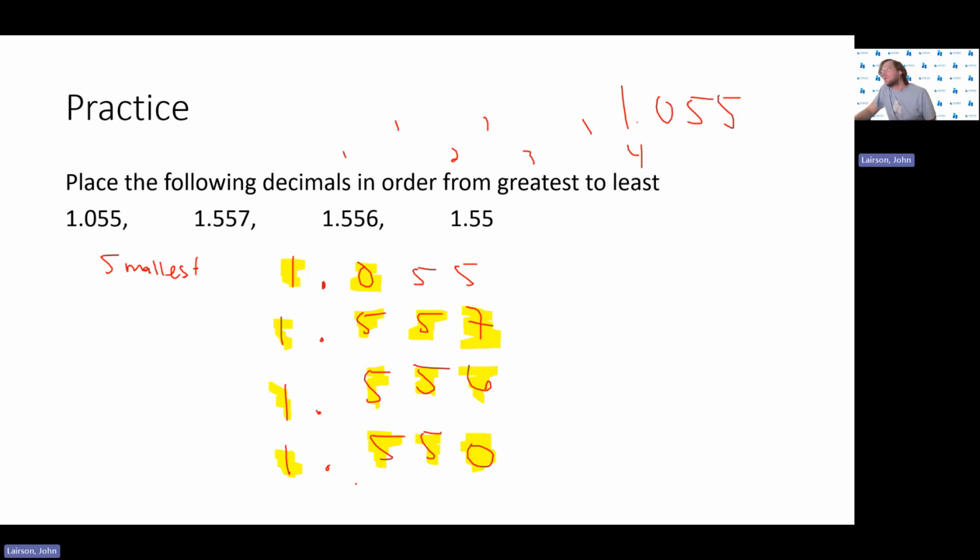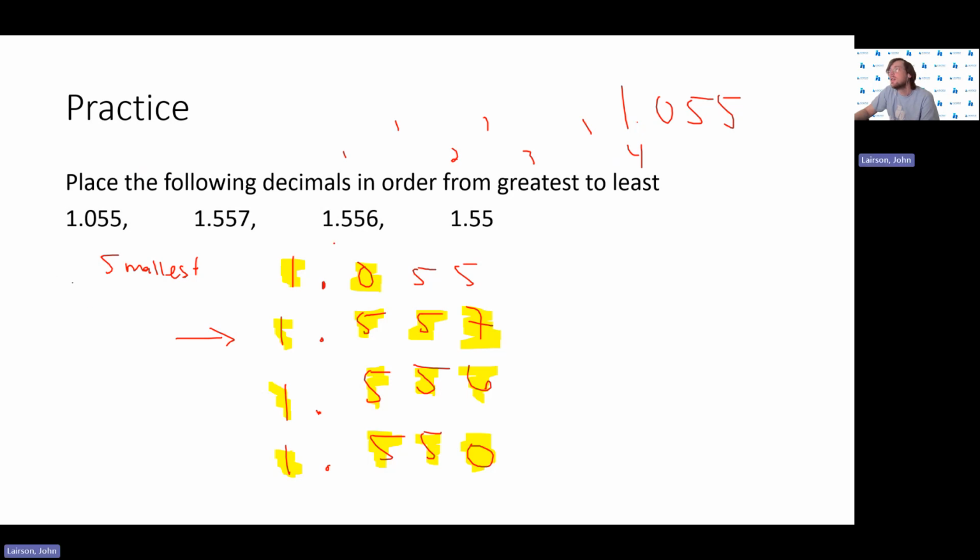We don't like to write zeros at the end of a number, but it helps to visualize things, to see that this is a 0 when there's nothing there. This will be my answer up here. That's fine, I'm going to write that 0. So which is the biggest number then? 7, right? This is the biggest number.